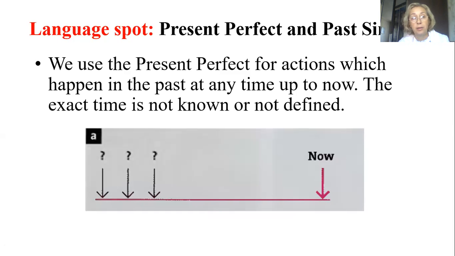Here there is information about the use of two tenses, the present perfect tense and the past simple tense. It is difficult for some people to differentiate these two tenses, because both of them tell us about events that happened in the past.